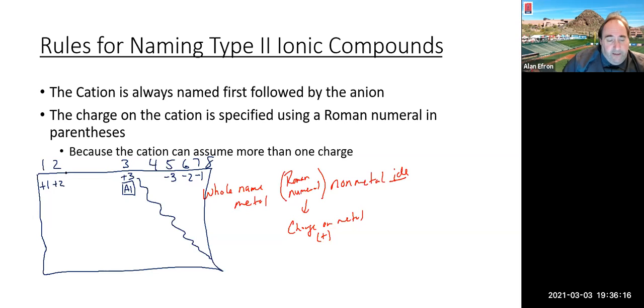Now, when we talk about the transition metal region, which is in this area here, our transition metals have a variety of charges, or variable charges.